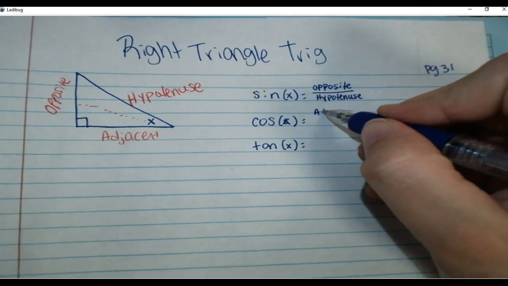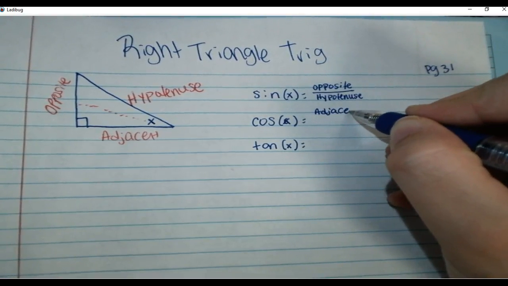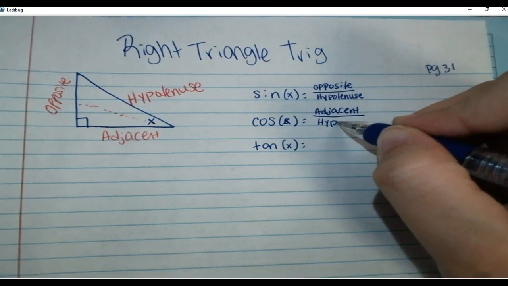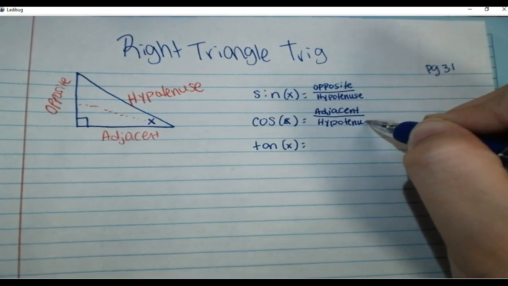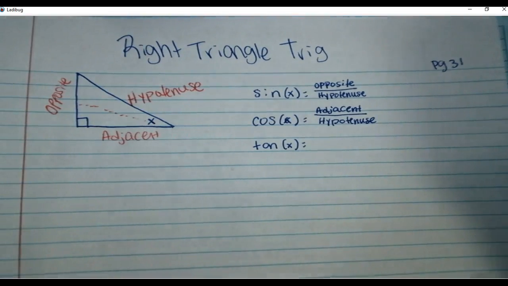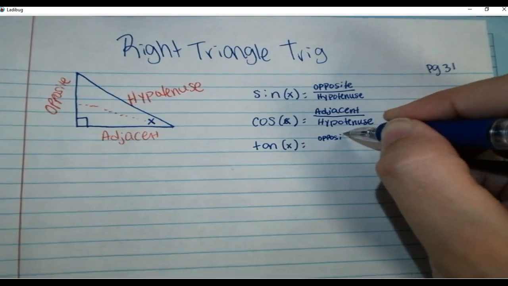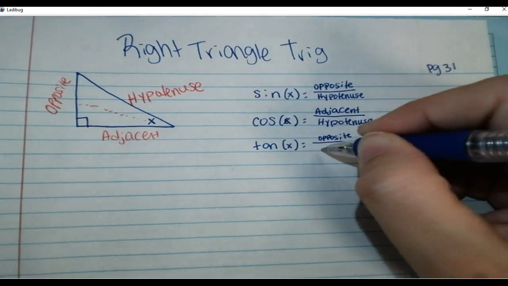Cosine is adjacent over hypotenuse. And tan is opposite over adjacent.